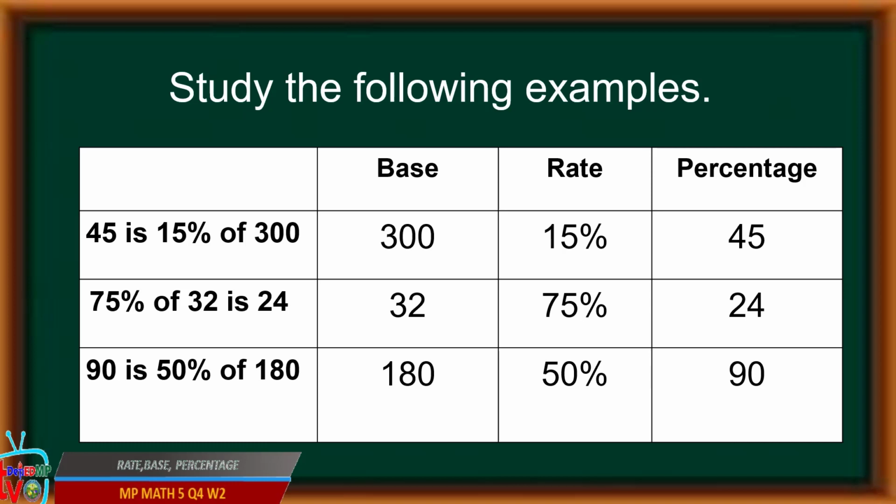The base is 32, the rate is 75%, and the percentage is 24. 90 is 50% of 180. The base is 180, the rate is 50%, and the percentage is 90.